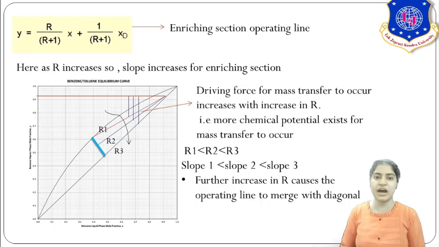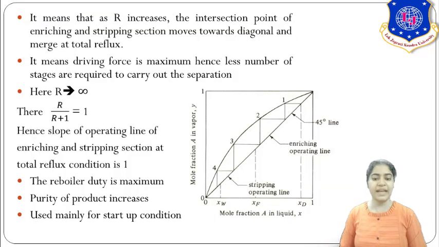Here you can see that for R3, the enriching section operating line has merged with the diagonal. That is the maximum limit of scope possible for the separation, and the driving force is maximum here. As R increases, the intersection point of enriching section and stripping section moves along the diagonal, and it will merge at total reflux condition.